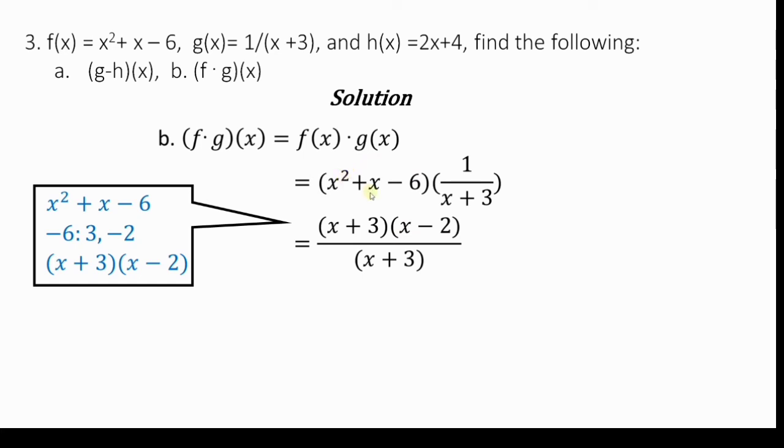We know that this expression multiplied by 1 is just this expression. So we have this now divided by x plus 3. We see that x plus 3 and x plus 3 are common, so they will cancel out. Then you will be left with x minus 2, which becomes your answer, your product for f of x times g of x.